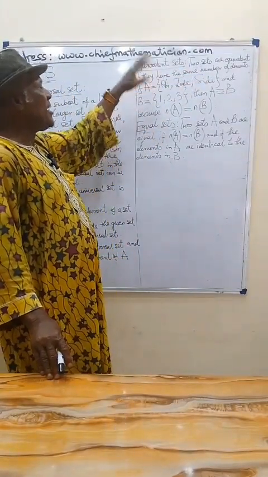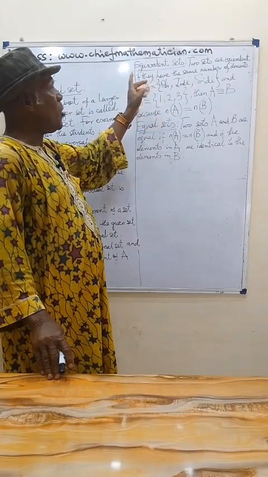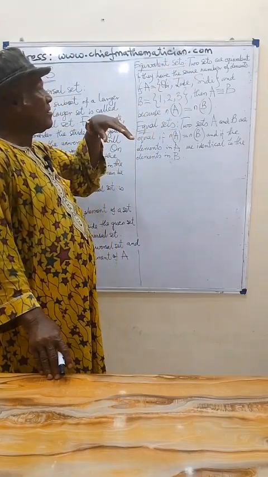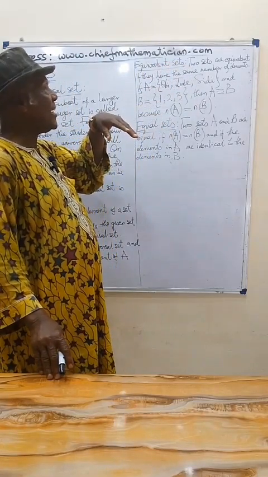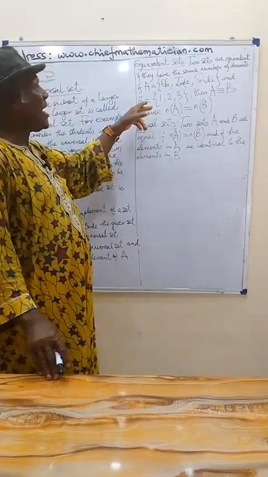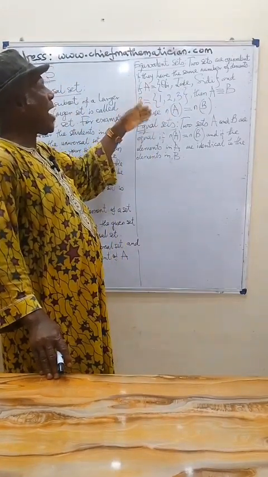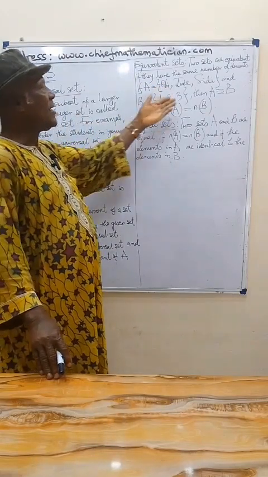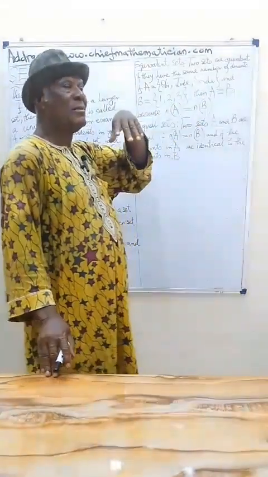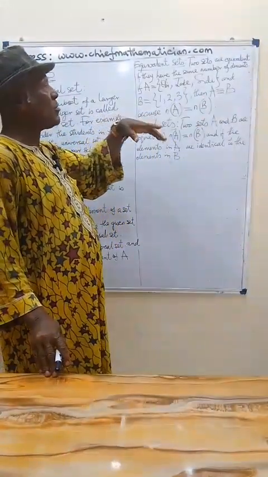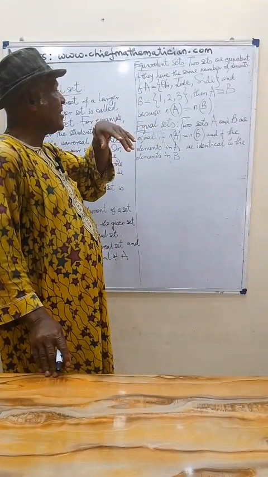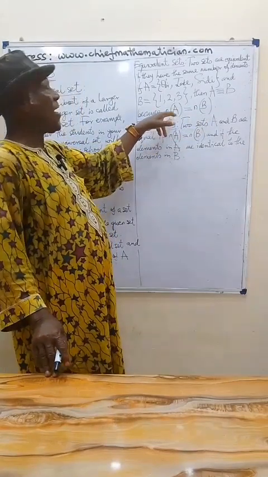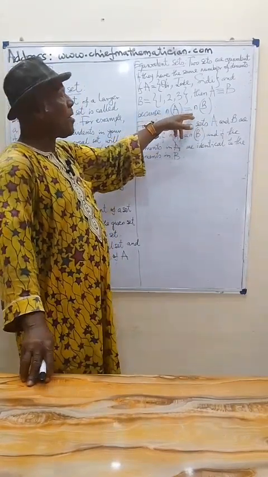If A is equal to the set of Obi, Joke, and CD, these are the elements of set A, and set B contains 1, 2, and 3, then A is equivalent to B because each of them contains 3 elements. Because n(A) is equal to n(B), that is, the number of elements in A is equal to the number of elements in B.